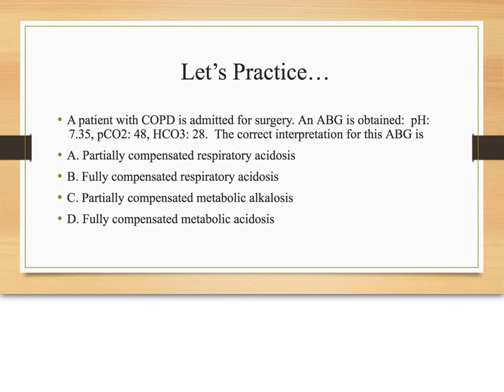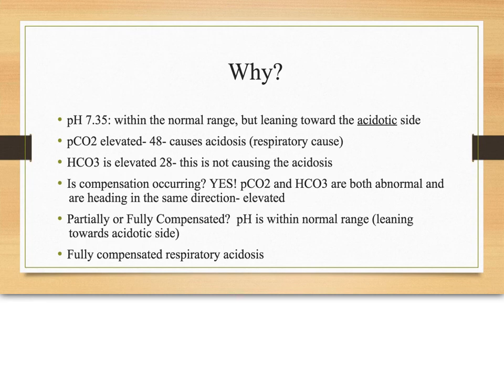So the correct answer is that we have a fully compensated respiratory acidosis. The pH is within the normal range, but leaning acidotic. The PCO2 is elevated, saying that our underlying cause of the acidosis is respiratory. The bicarb, it's not a metabolic acidosis, because if that were the case, the bicarbonate would be low, and in this case it's high.